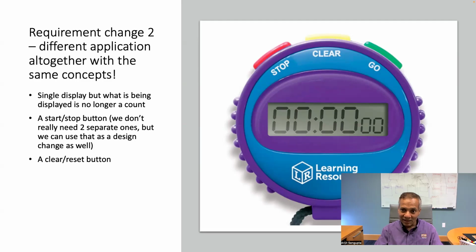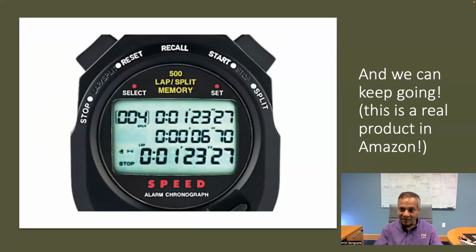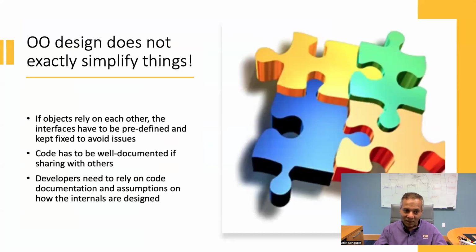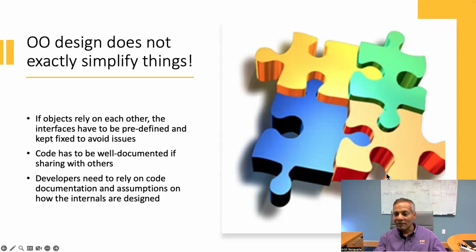And that's basically what object-oriented design does, that it makes sure that your code is better testable, and you can also implement more complex problems without having to start again from scratch.